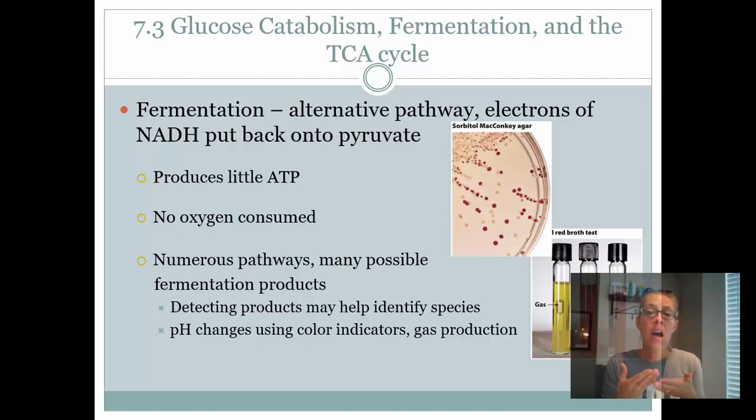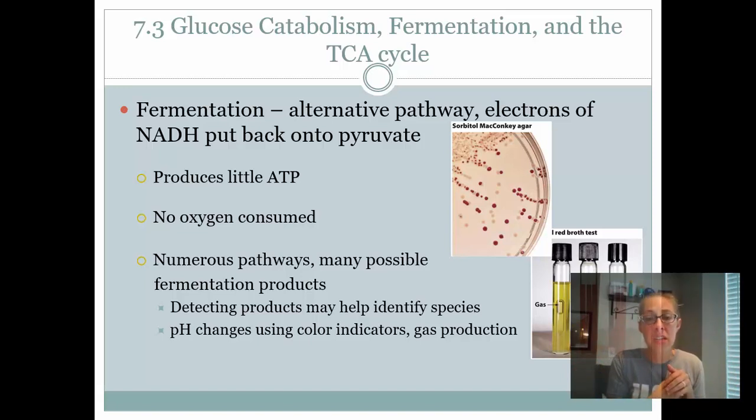But ultimately, fermentation is where we take a substance and we break it down, and then we take the electrons that were on NAD and we restore them to pyruvate. So recall that when we looked at glycolysis, there's some similarities there. We had to invest 2 ATP, but we got 4 ATP out for a net gain of 2 ATP.